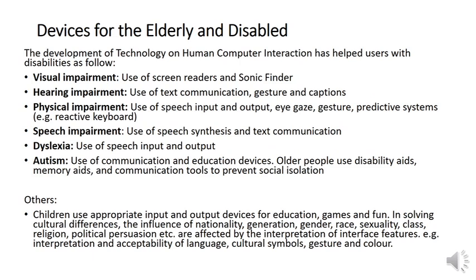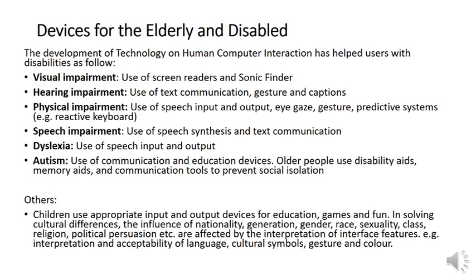We have visual impairment: use of screen reader and sonic finder. Hearing impairment: use of text communication, and gesture and capture. Then physical impairment: use of speech input and output, eye gaze, gesture, and predictive systems. Then speech impairment: use of speech synthesis and text communication.